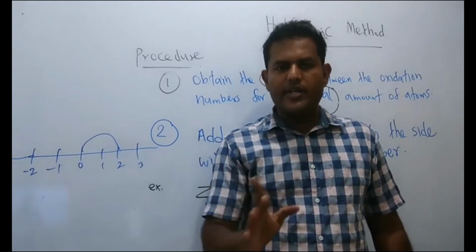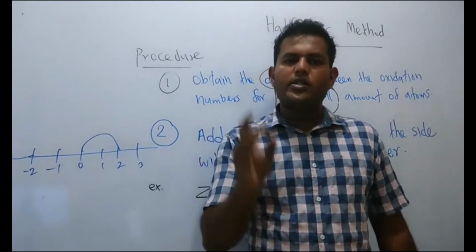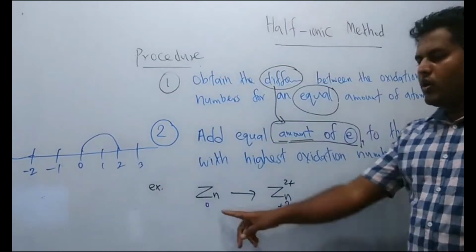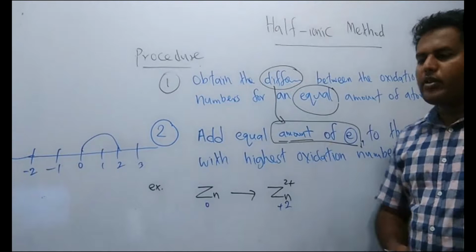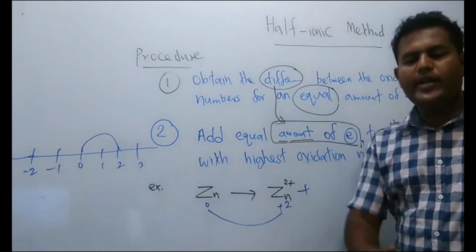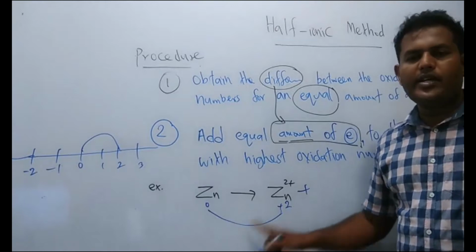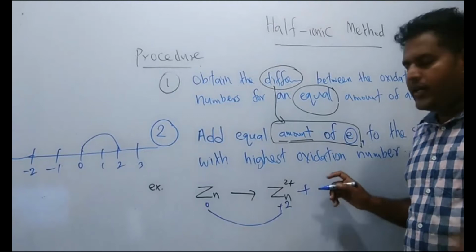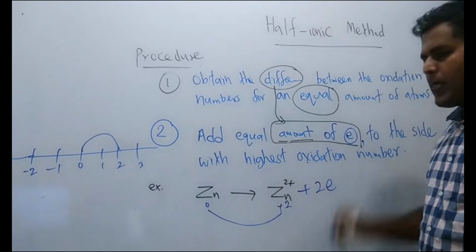Always, it's a theory. With 0 and plus 2, to which side do we add electrons? According to the difference, we add electrons. If the difference is 3, 3 electrons. If the difference is 5, 5 electrons. Is it clear? So here, 2 electrons.